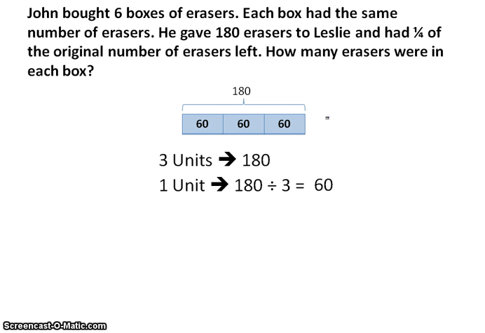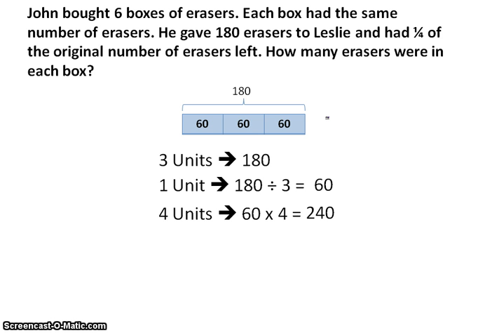Okay, so now we can find out how many erasers there are in total for 4 units. So 60 multiplied by 4 gives us 240. So now we know that we have a total of 240 erasers.